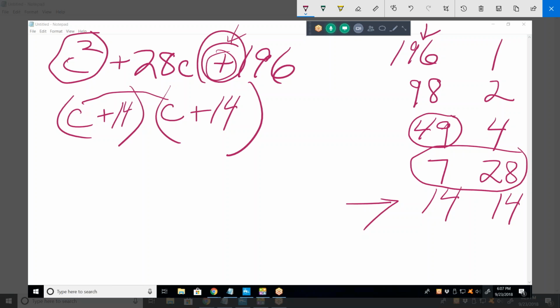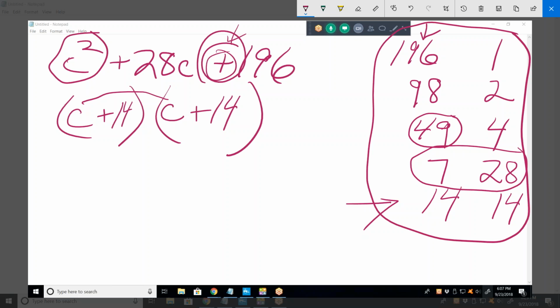I didn't come up with these factors before, 14 and 14. They only became visible to me when I tried to divide the number on the right in half and double the number on the left. So this technique for finding factors is a really valuable one, however you do it.